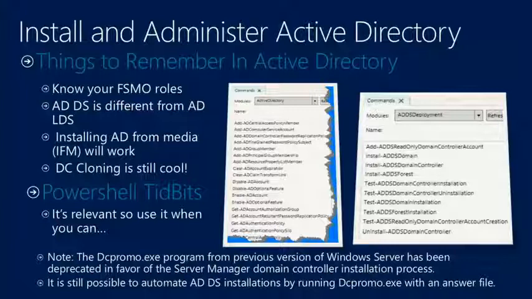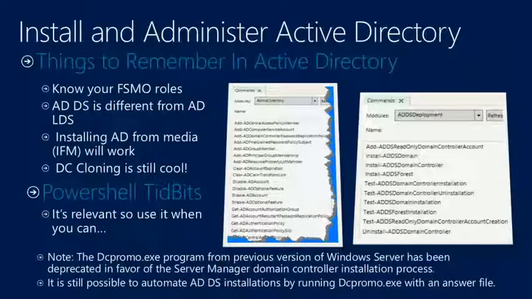Again, not so relevant in Server 2012 terms, but it's still something that they will probably try to test you on in the exam. In other words, knowing where your PDC emulator is, knowing where your global catalog servers are, and any infrastructure master, whatever servers you need, make sure you know what they are. And again, DCPromo, as many of you probably know, is a deprecated feature.